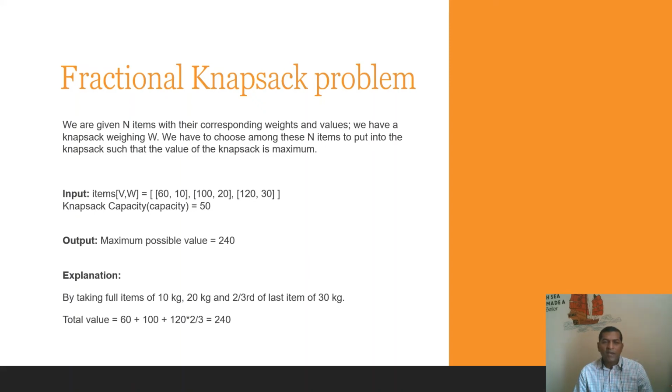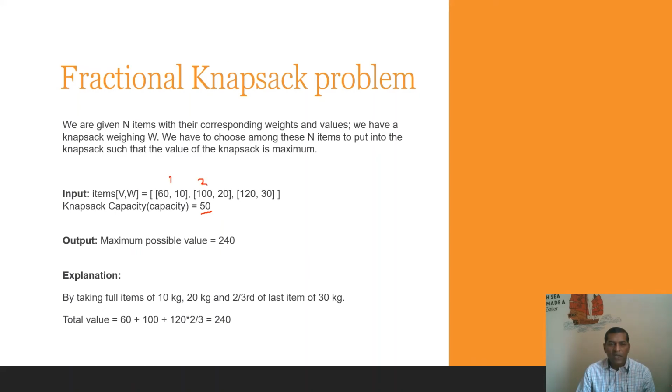is a maximum. So now we have a knapsack whose capacity is 50. It's written here, and the weights and values are defined here. We have three items available: the first item, the second item, and the third item.